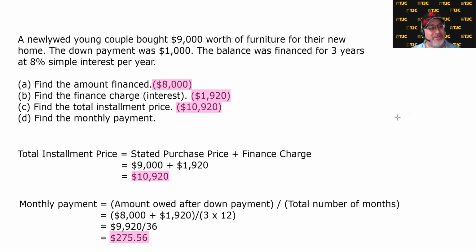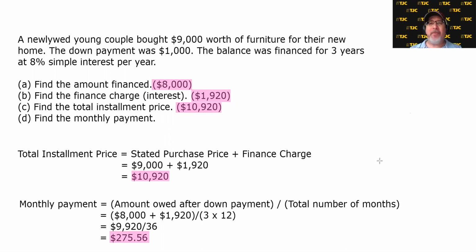So in this case, since if I did all 36 payments at $275.56, it would be 16 cents over, which means the last payment would actually be reduced by 16 cents. I know it's not a big deal, but sometimes when people get to the last payment, they're like, why was it less than the others? Because of rounding issues.